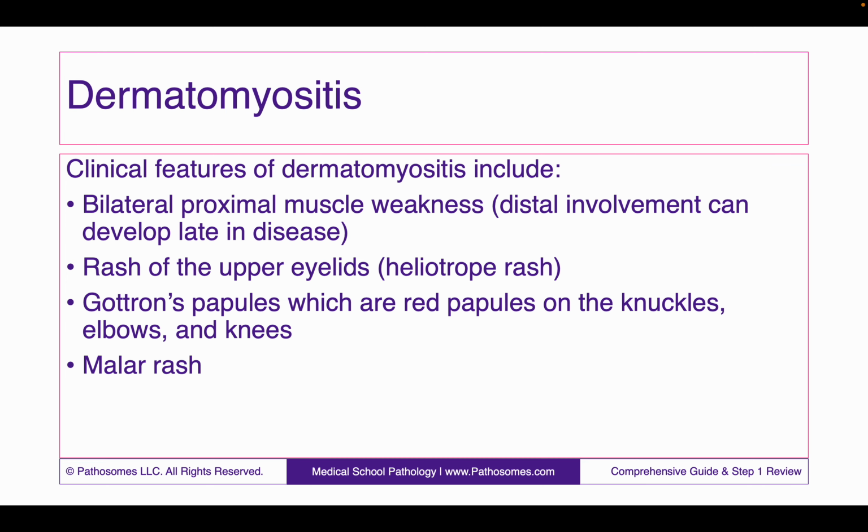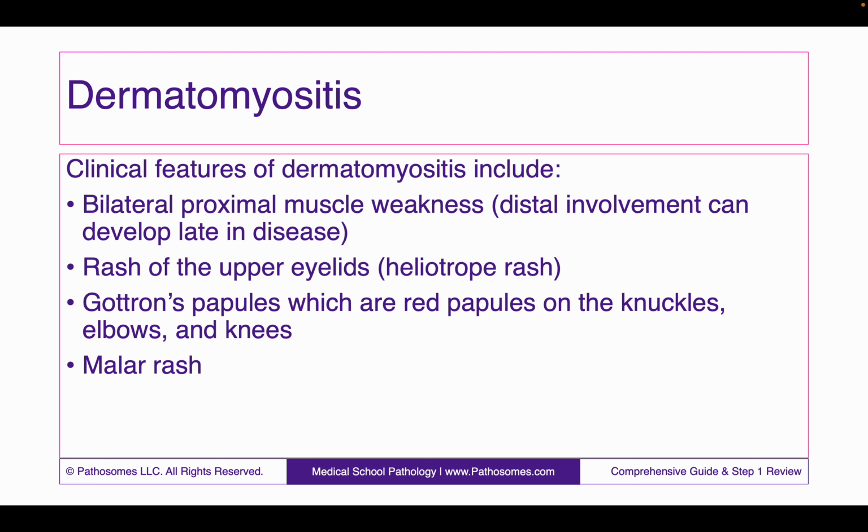Clinical features of dermatomyositis include bilateral proximal muscle weakness. Distal involvement can develop in later disease. Rash of the upper eyelids, known as a heliotrope rash. Gottron's papules, which are red papules on the knuckles, elbows, and knees.